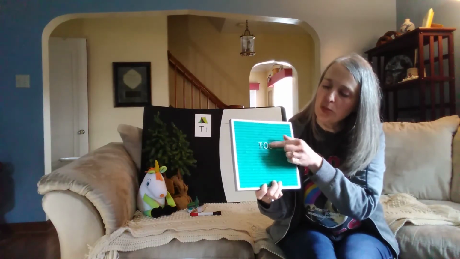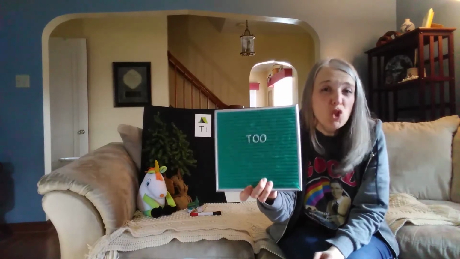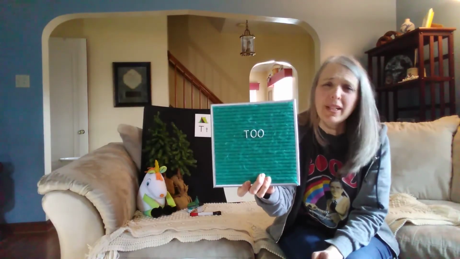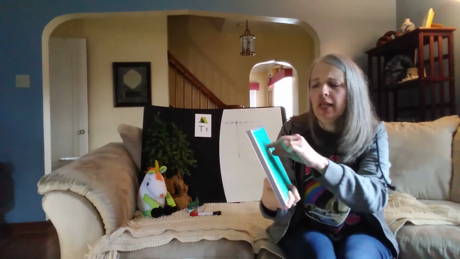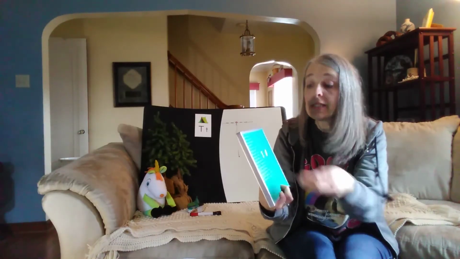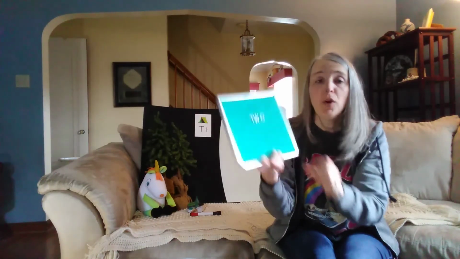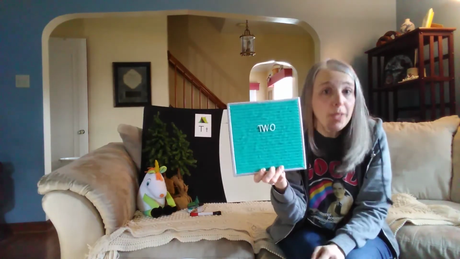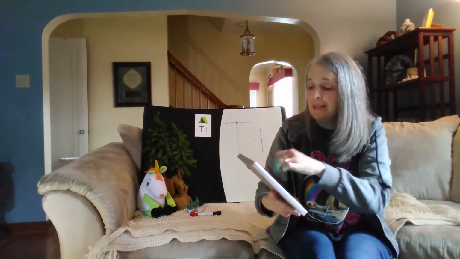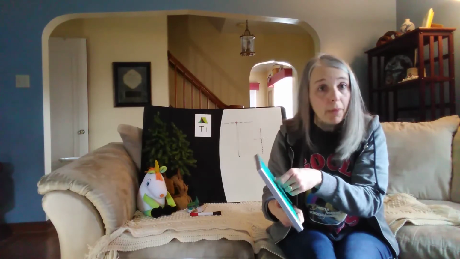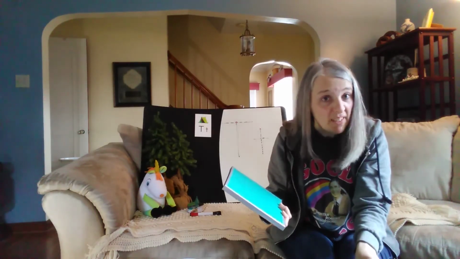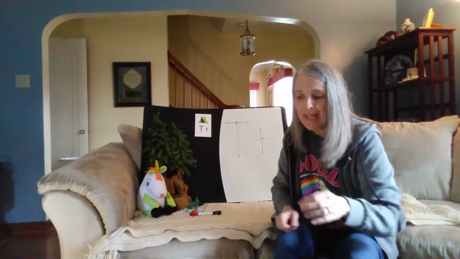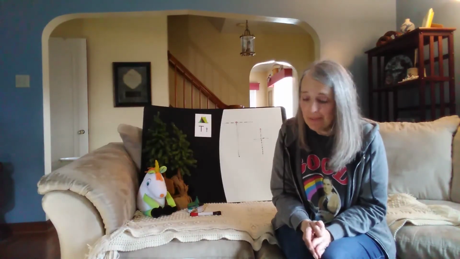T-O-O, which means I want to come too, me too, can I do it too? And T-W-O for the number 2. So there you go. 3 ways. All sounds the same, but they all mean something different. All right, and that is the letter T.